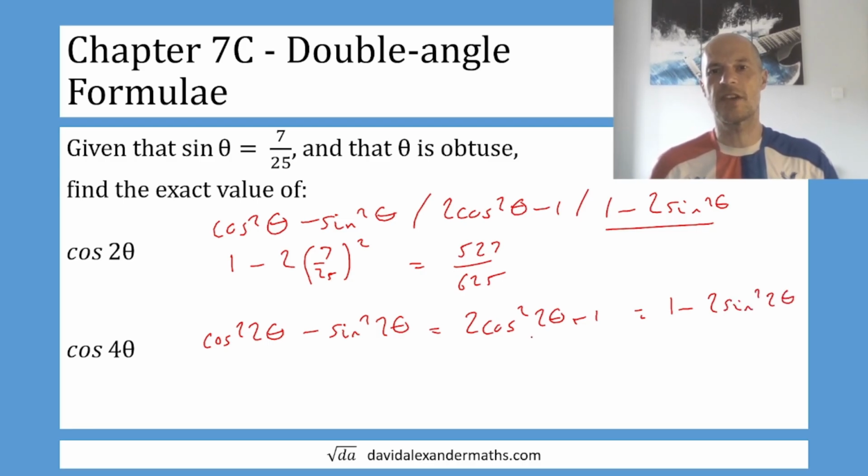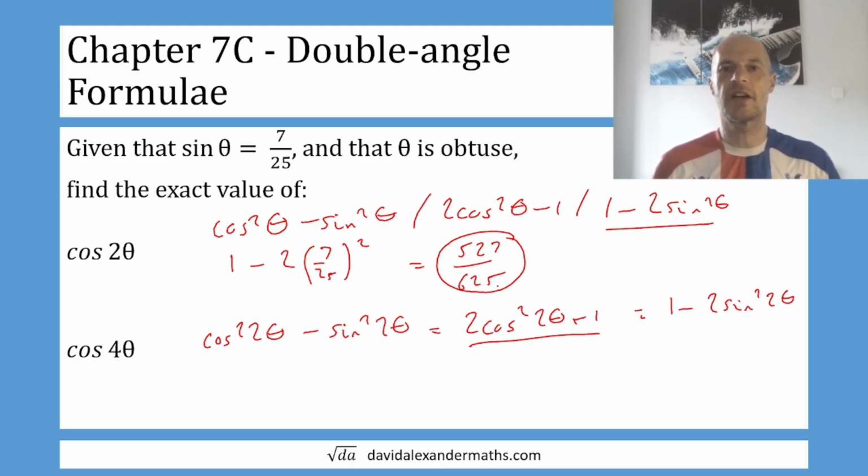So here it's 2 theta because it was 4 theta here. Now, I know that the cos of 2 theta is 527 over 625, so I'm going to pick this one here. So all I need to do is 2 lots of 527 over 625 squared, and then take away 1.